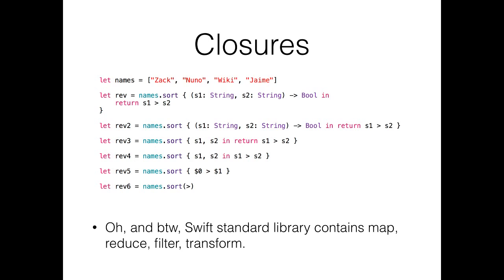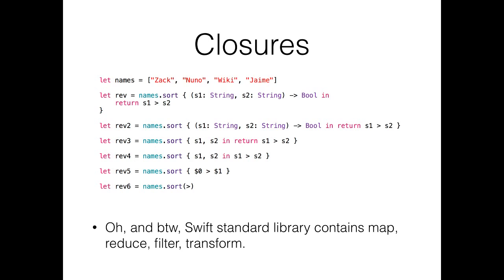This last form, and I need to stress this out, is the most used form that I work with, because not every case is as simple as putting a greater than symbol and the compiler knows. Because you can work with maps and reduces and filters and transforms, and these comparisons are not that simple.